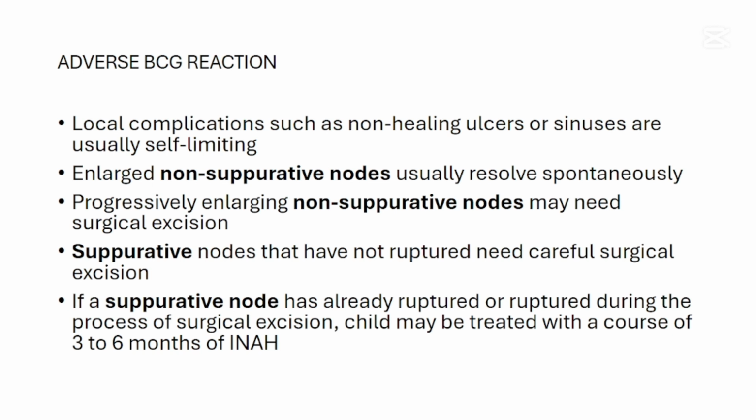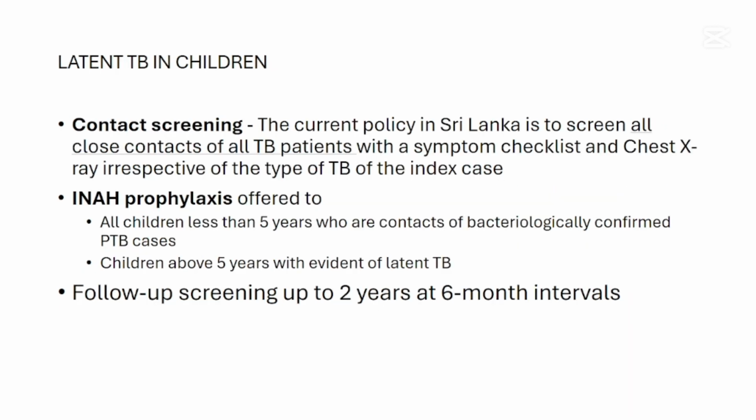But WHO and some other guidelines recommend giving full ATT treatment. When we give full ATT treatment, we should not give pyrazinamide for these kids, because Mycobacterium bovis is inherently resistant to pyrazinamide. So we should give a 3-drug regimen in these instances, as well as when you are treating disseminated BCGosis.